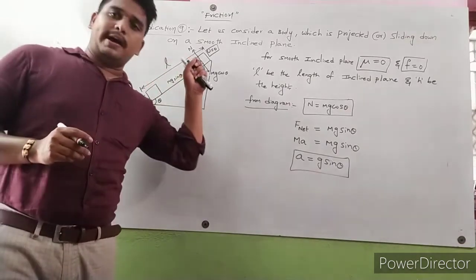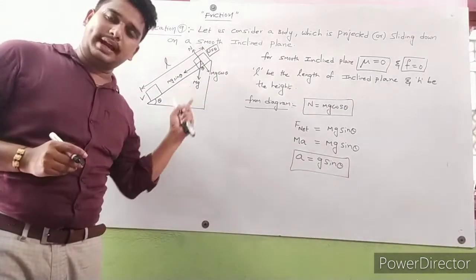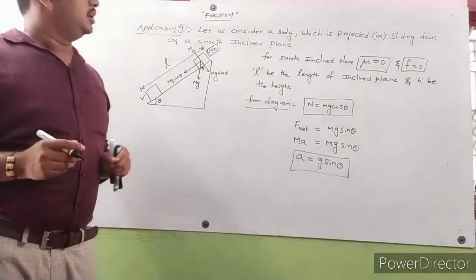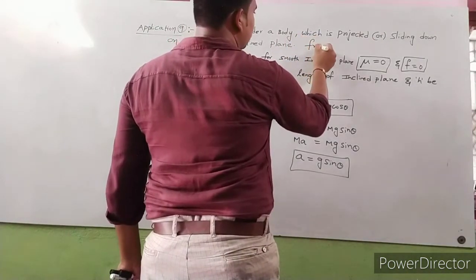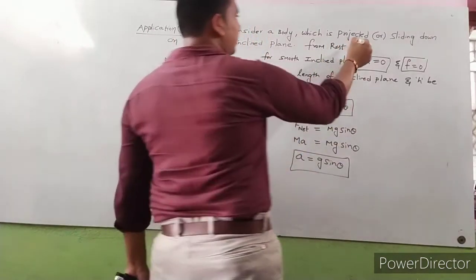If a block of mass m is sliding down the inclined plane from rest, the initial velocity is equal to 0. The body projected slides down the smooth inclined plane from rest, so initial velocity is 0.